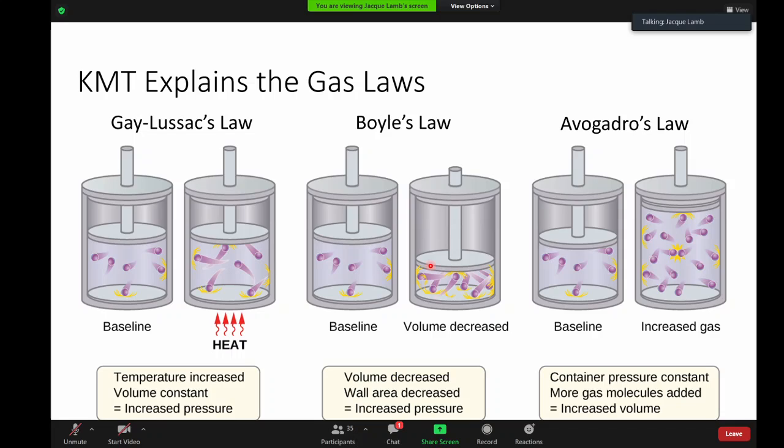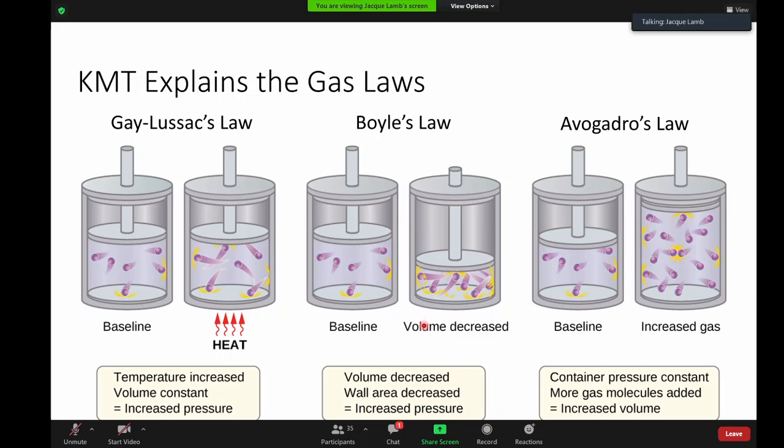In this case, with volume decreased, even though the molecules aren't moving any faster, they have a lot shorter distance to travel. So they are going to increase collisions with the wall of the container. So as volume decreases, the pressure increases. So Boyle's law can be explained from kinetic molecular theory.